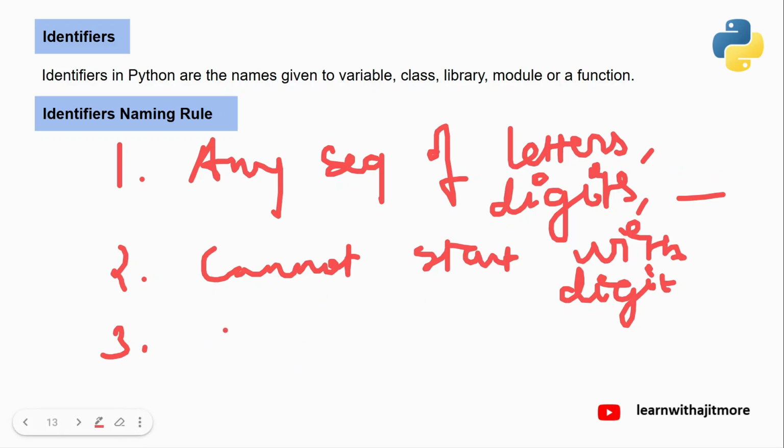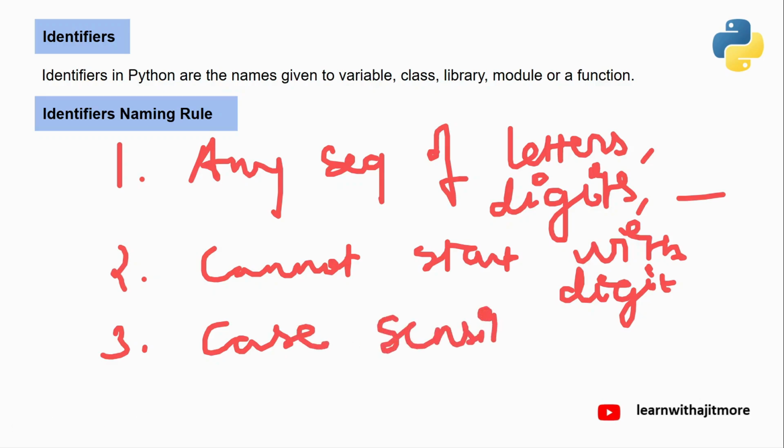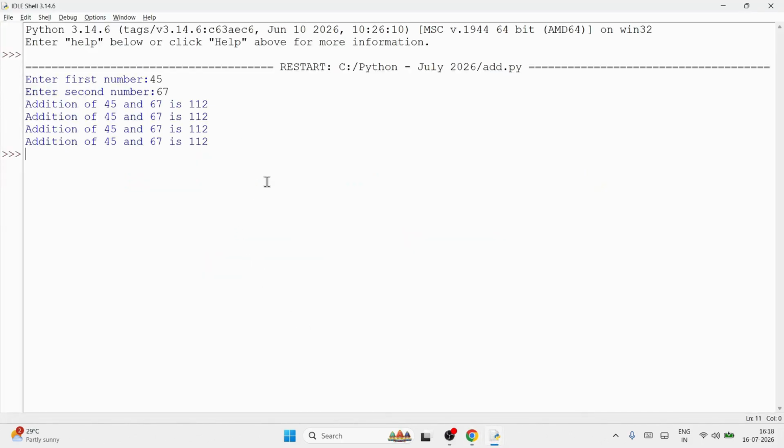Then it is case sensitive. Case sensitive in the sense that uppercase, lowercase, title case, all are considered different. I can give you a justification. See, I'm creating three variables with the name age only. First age equal to 10, second Age with capital A equal to 20, and third, all three letters uppercase, AGE equal to 30.